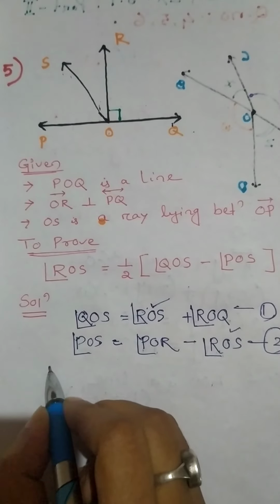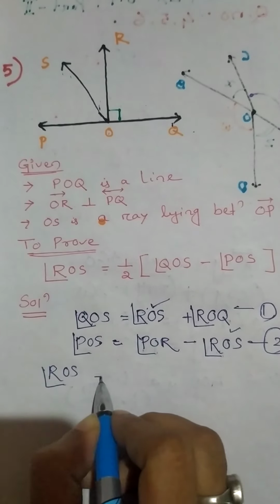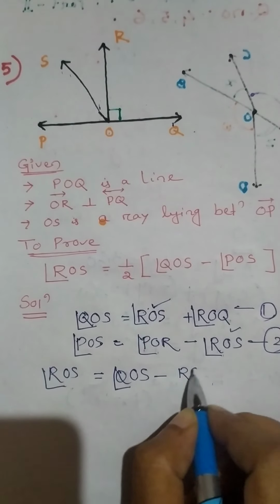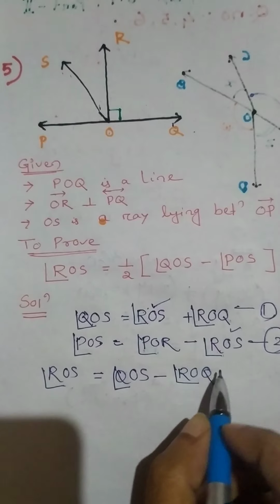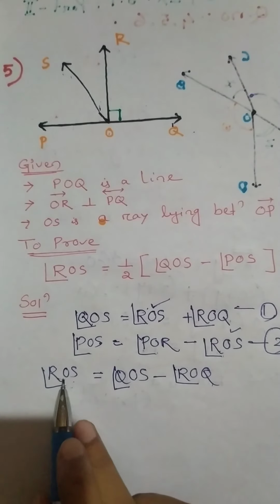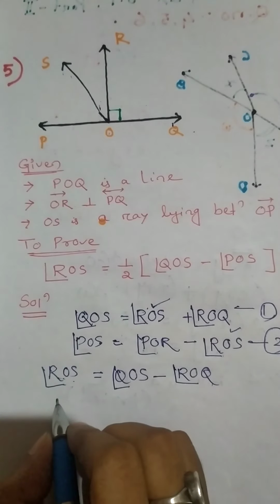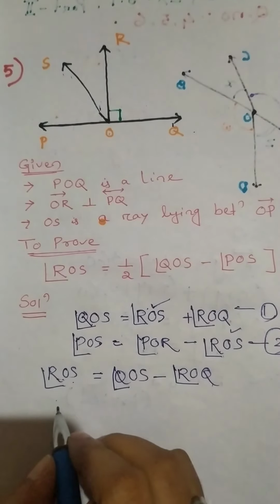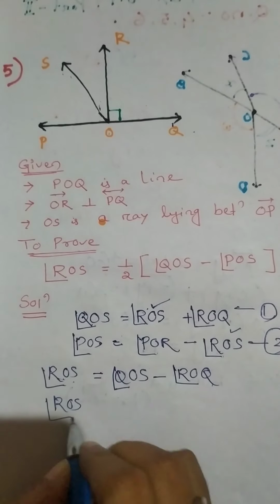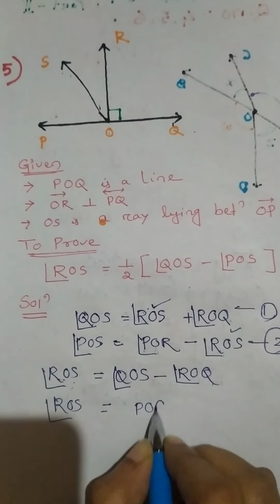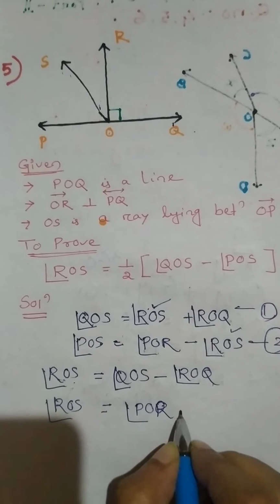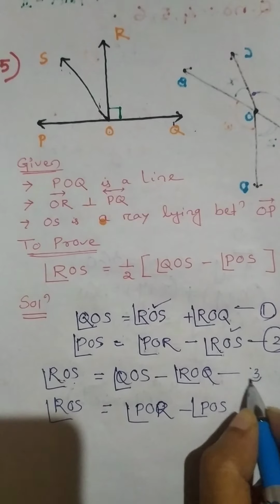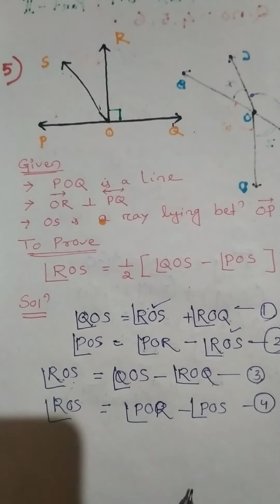So from equation 1 we may write angle ROS is equals to QOS minus of ROQ. Same equation, but ROS coming to the left hand side. Again from equation 2 we may write, so again ROS can be written as POR minus of POS, equation 3 and equation 4.